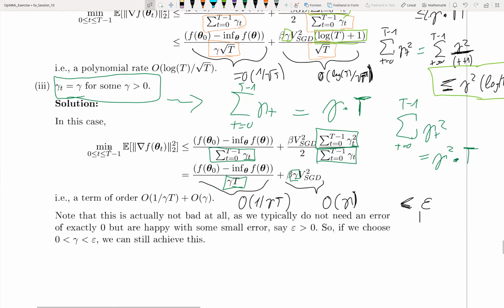Because you fix the number of iterations in your epoch, you fix the step size for that epoch, and you profit from the fast convergence of the first term, where you reduce the error from the beginning, and then you have this constant term.